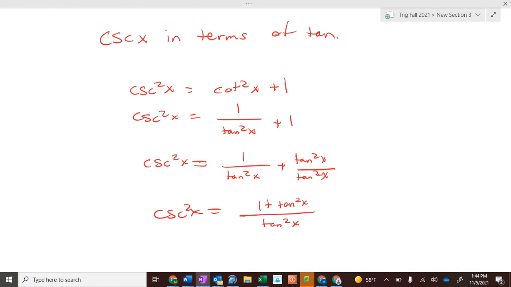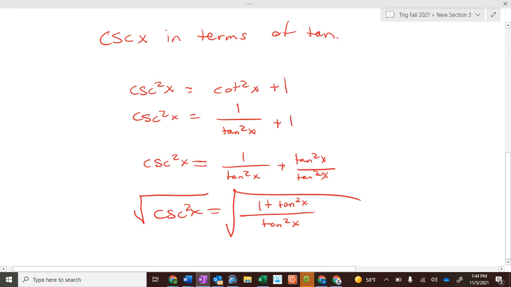Then what do I do with both sides? I hear whispering of square root. Yes, you take the square root. So cosecant of x equals plus or minus the square root of 1 plus tangent squared of x over tangent of x. Oops. Just the square root needs to be on the top is all.